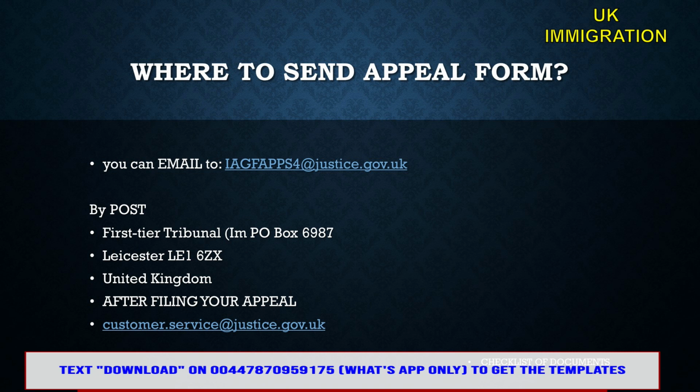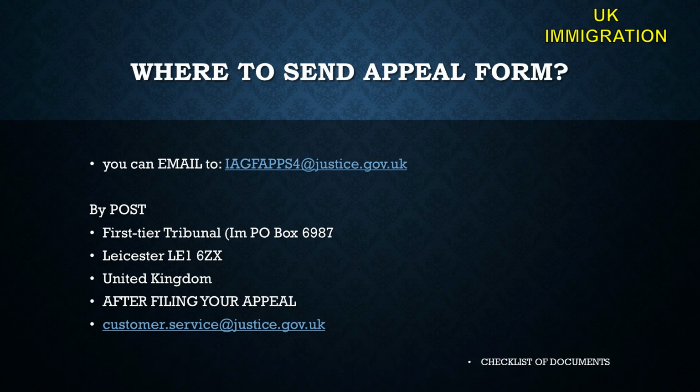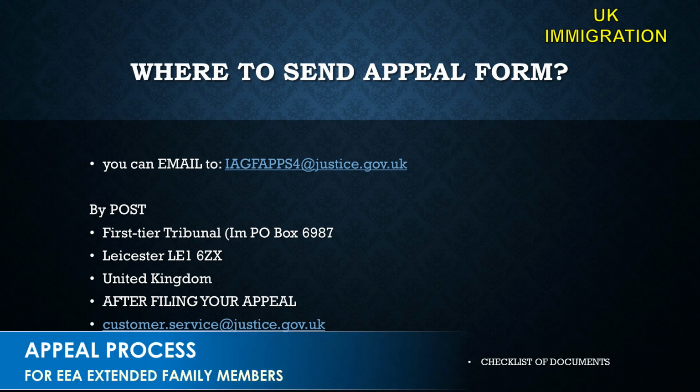So the email address is customer.service@justice.gov.uk. So you will note it down, right? So here are the email address and the postal address where you can send your appeal to.